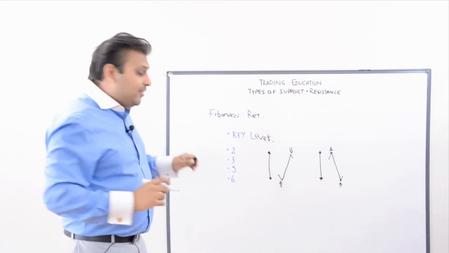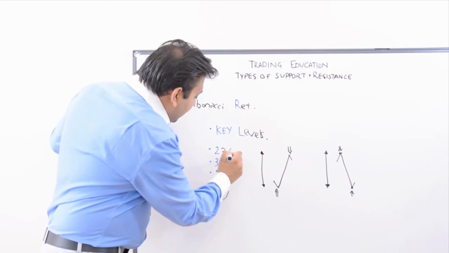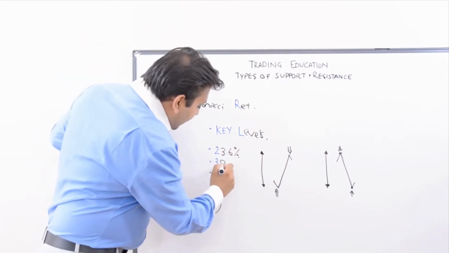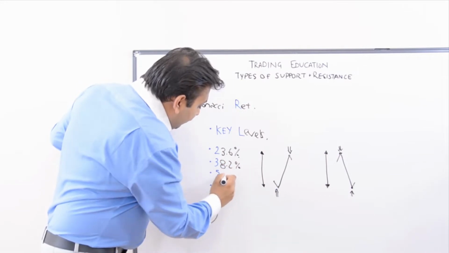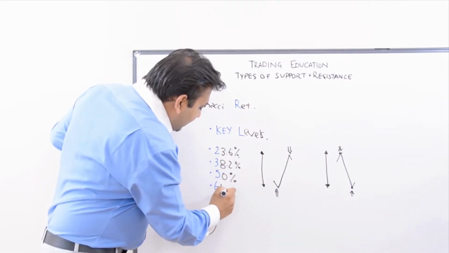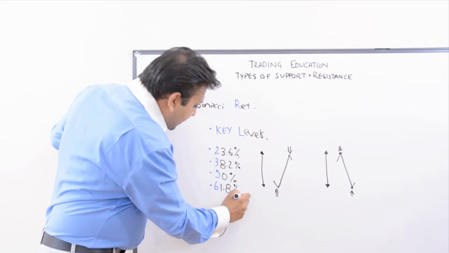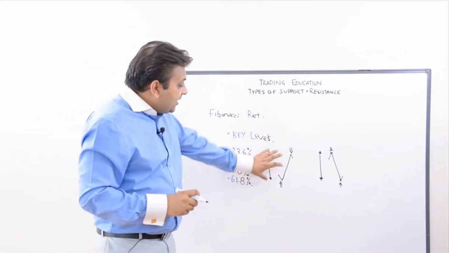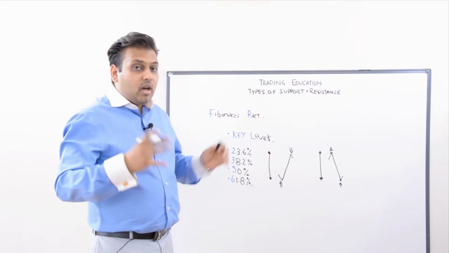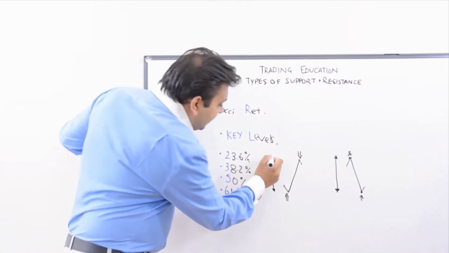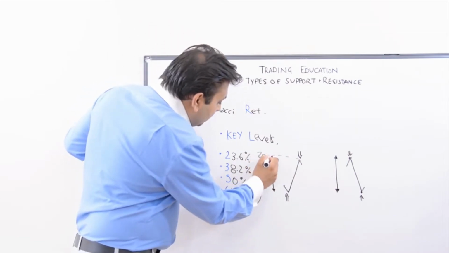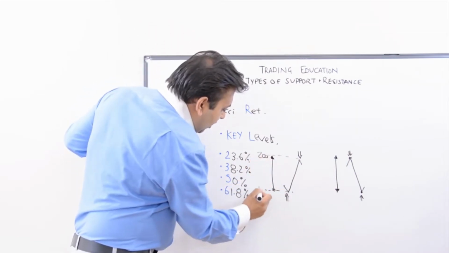So these key levels are 23.6%, 38.2%, 50%, and 61.8%. As a quick example that you can see here, this example is taken from an upward trend where, let's say, this point here, for the sake of this example, is 200 and this point here is 100.